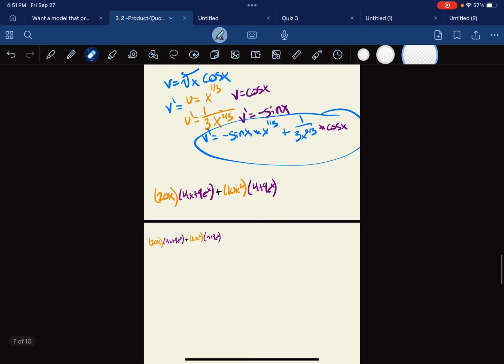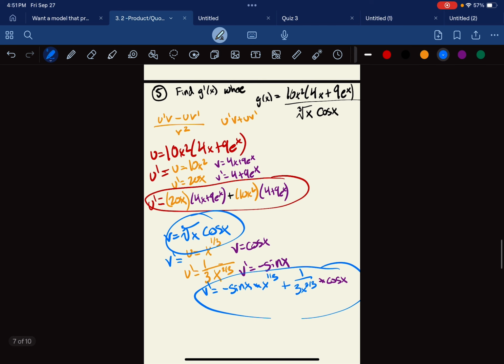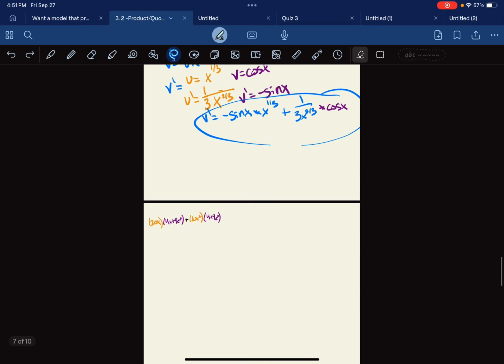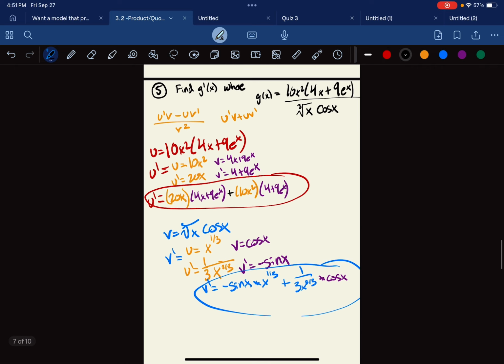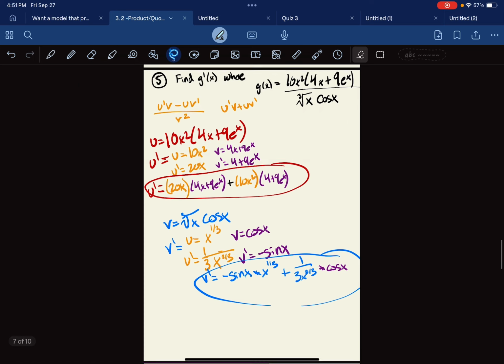And then we do u prime times v. V is cube root of x cosine x, minus u. Our u is this. So it's all really just a puzzle when you think about it, right?